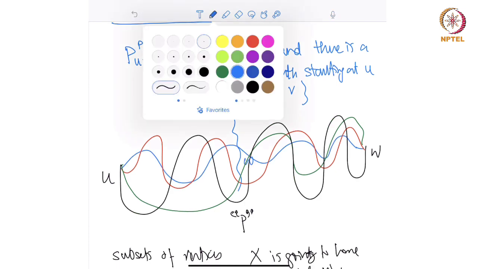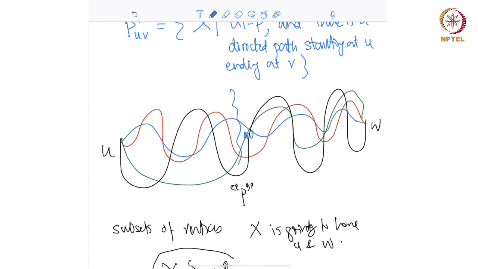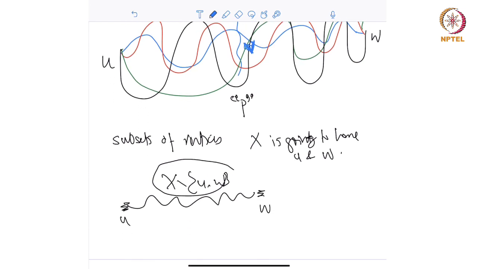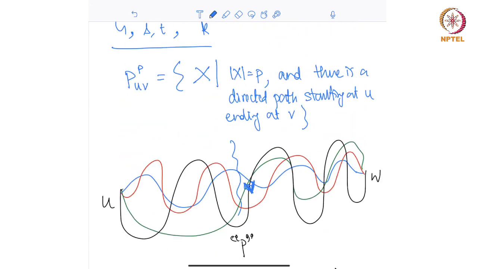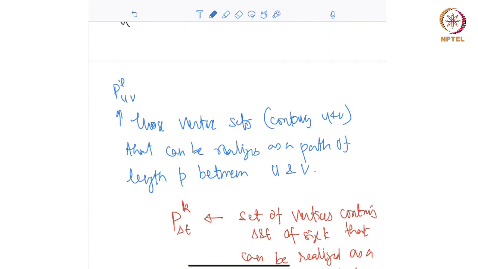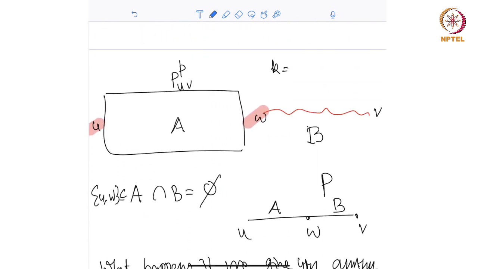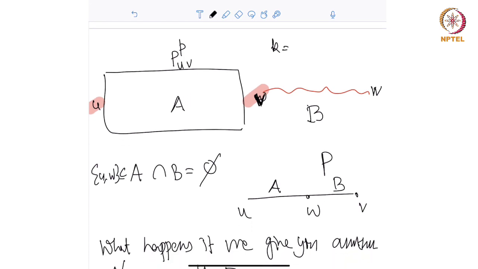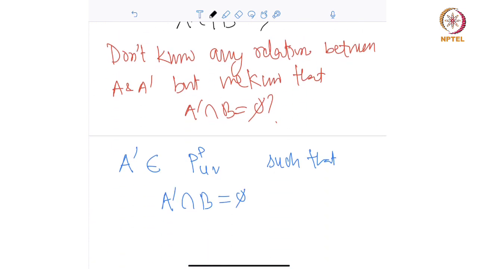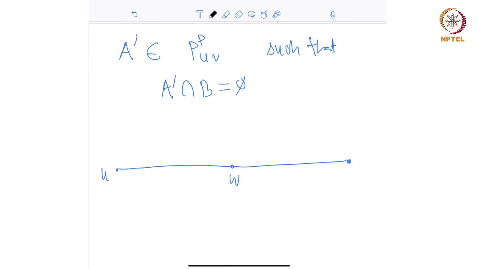Okay, this is W, this we can drop it. Okay, so you gave me such a V.